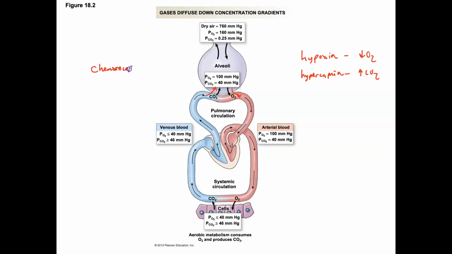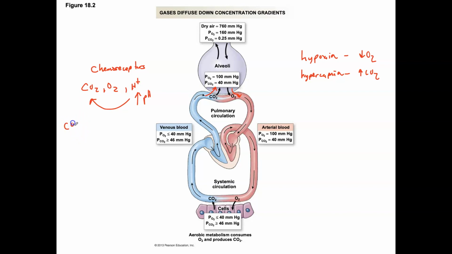Chemoreceptors are important for monitoring the levels of carbon dioxide and oxygen, so monitoring the respiratory gases, as well as hydrogen ion levels. Because hydrogen ion levels give us an indication of pH, and they are related to the levels of carbon dioxide that we have in the circulatory system.